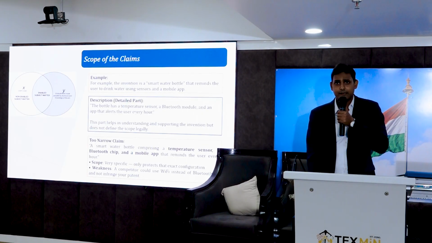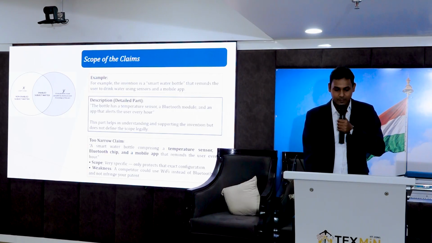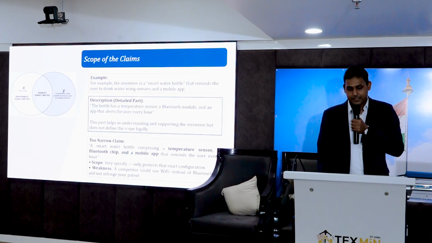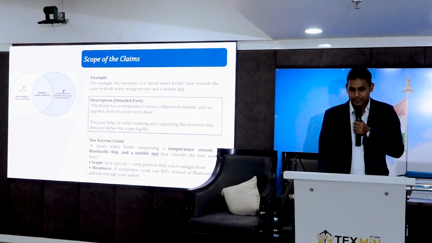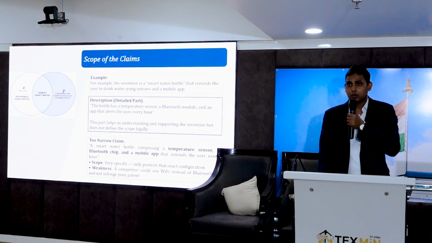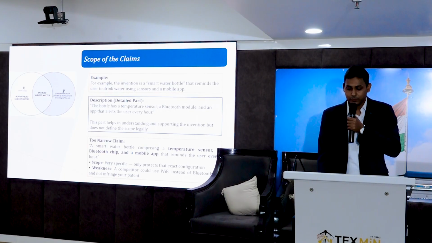But this is the general description that has been made here. This part helps in understanding and supporting the invention, but it does not define the scope legally. So this is the normal description we have provided, right? What the things are, how it works. It is the normal description.